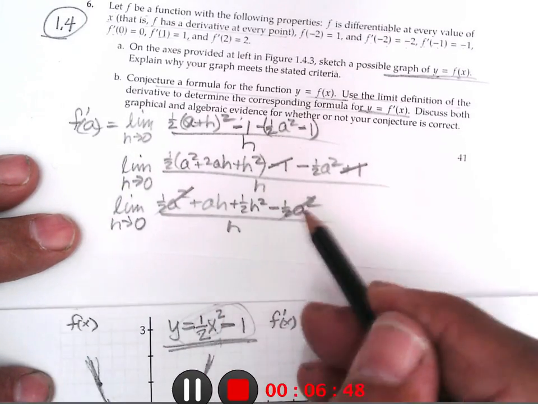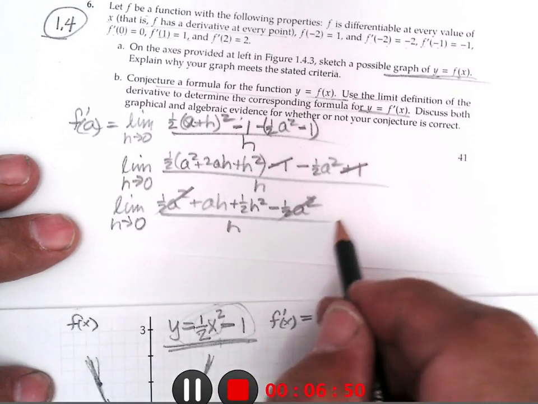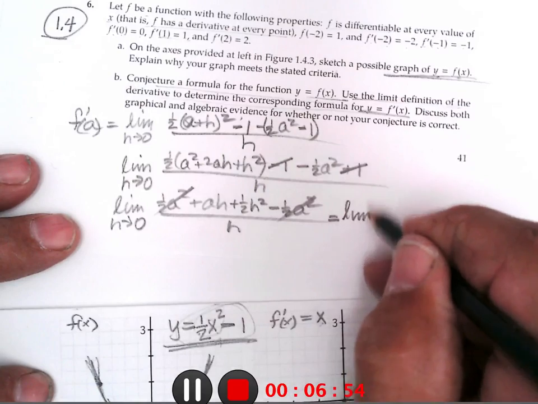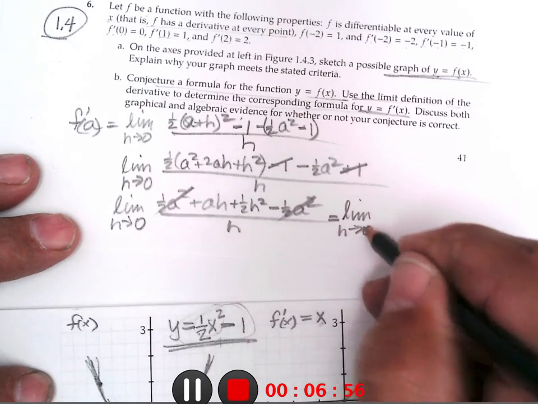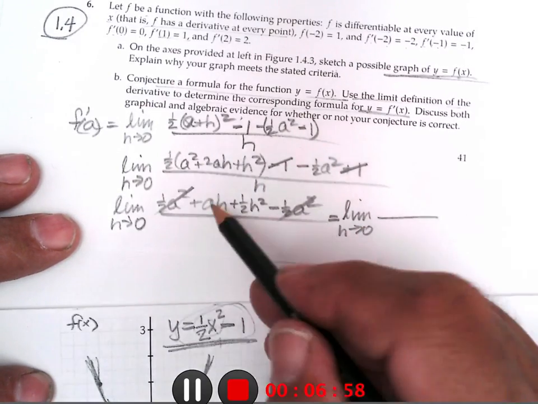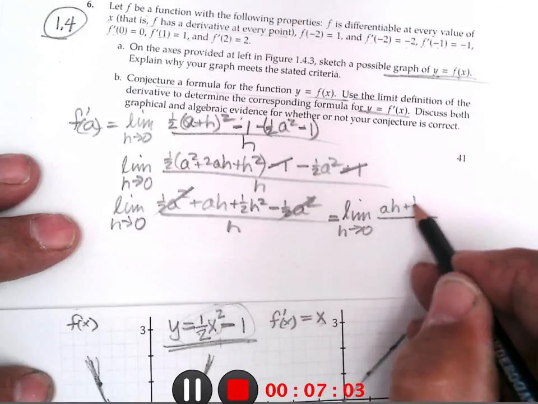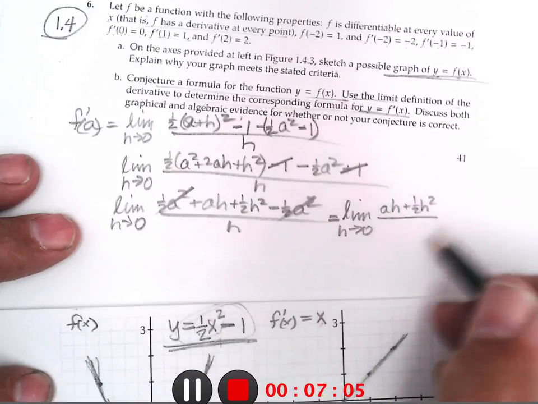And these both have h in it, so I'll be able to do something with that. So it's going to be the limit as h approaches 0 of ah plus 1/2 h squared over h.